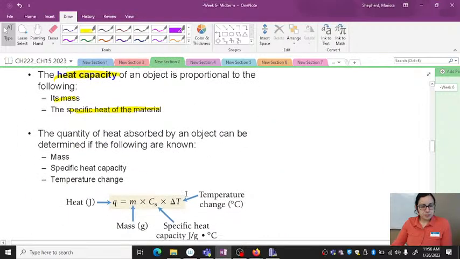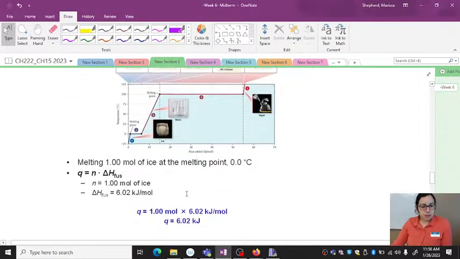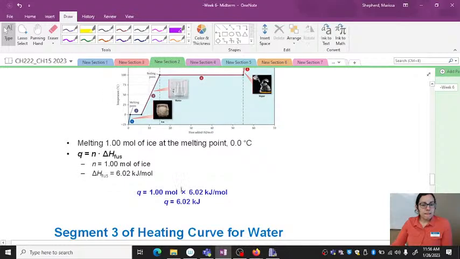I have that specific number down here. The heat of fusion is around 6.02 kilojoules per mole. This is for the molar amount. And notice the temperature doesn't matter, because there is no temperature change when you have the state change.